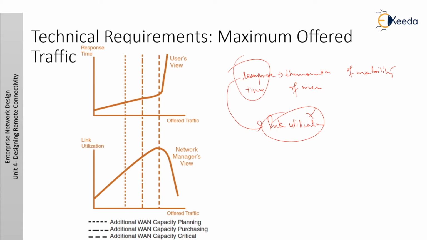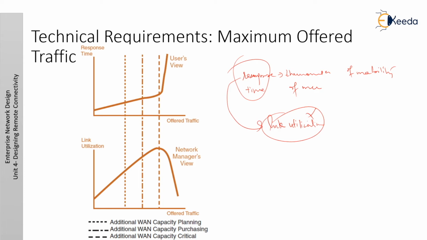The designer's goal is to determine the maximum offered traffic that is acceptable to both the end user and the network managers. However, planning for additional WAN capacity should occur much earlier than the critical point, usually at about 50% link utilization. Additional bandwidth purchasing should start at about 60% utilization.